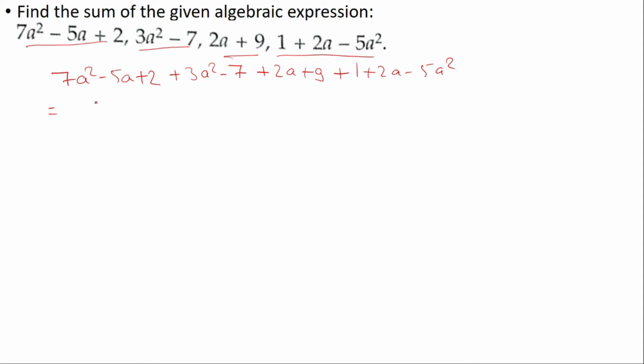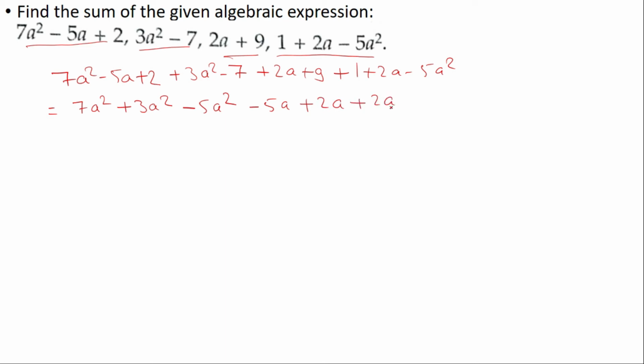We will take all the like terms together. So 7a square plus 3a square and this one minus 5a square. After that minus 5a plus 2a plus 2a.